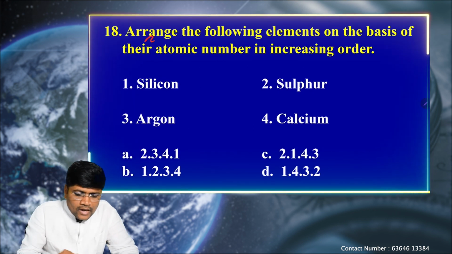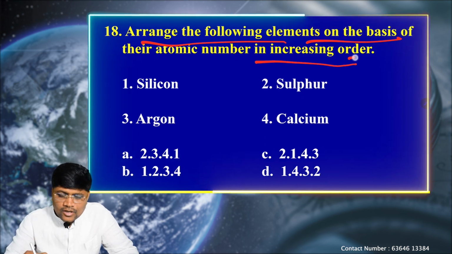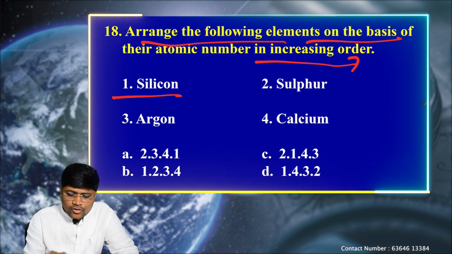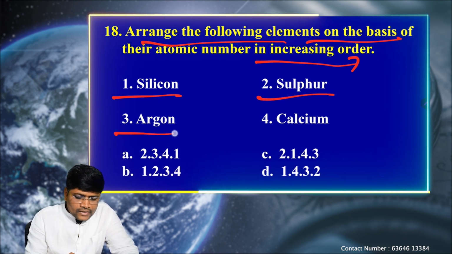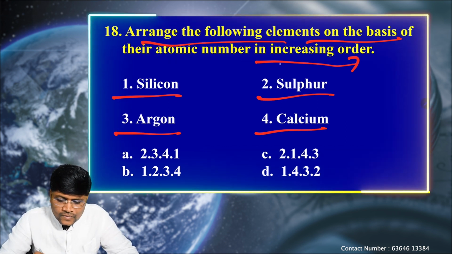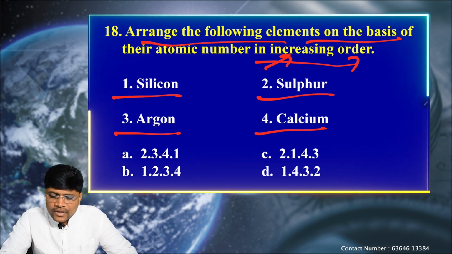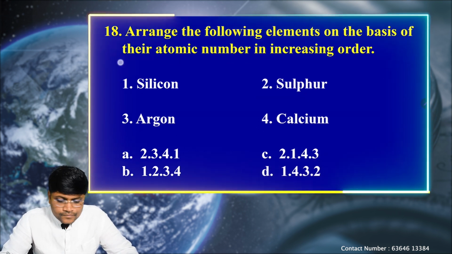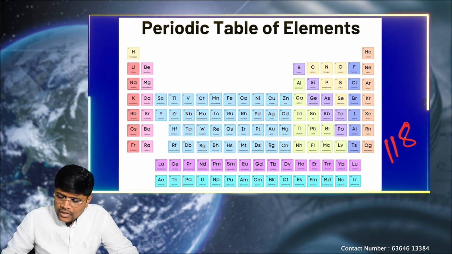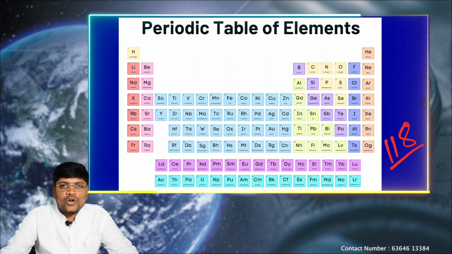Next question. Arrange the following elements on the basis of their atomic number in increasing order. The options are 1 silicon, 2 sulfur, 3 argon and 4 calcium. We know that in the periodic table we have 118 known elements, arranged based on their atomic number.